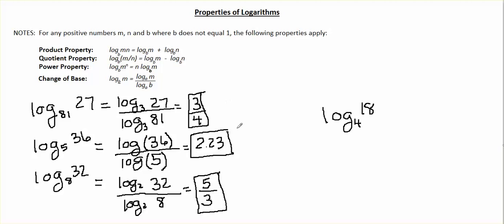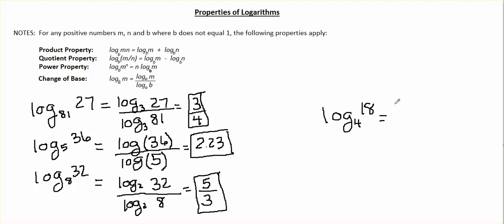Okay, so now let's take a look at this one. I'm taking a look at 4 and 18, and I can't think of any number that they share the same powers. You know, 4 is a power of 2, but 18 isn't a power of anything. So let's go ahead and use our calculator again. And I'm just going to go ahead and convert it. I'm not going to plug the number in. You guys can plug the number in.